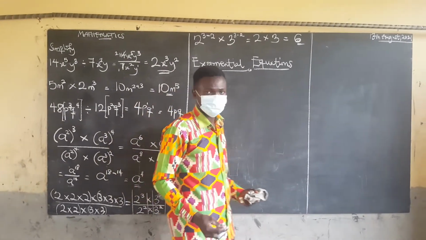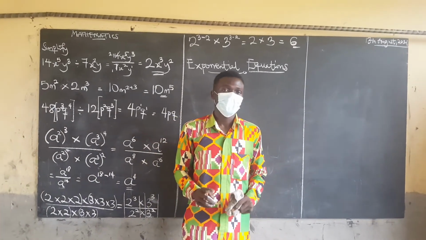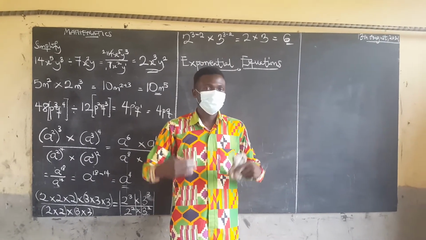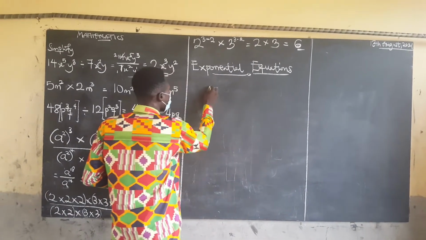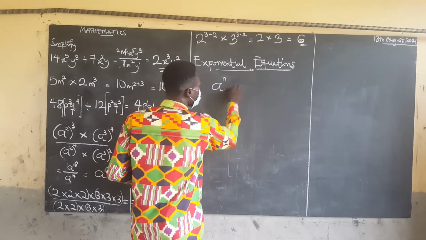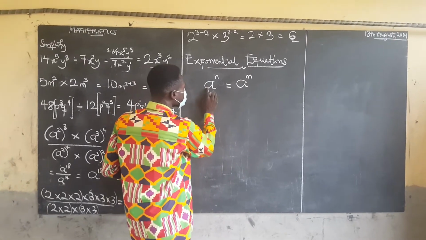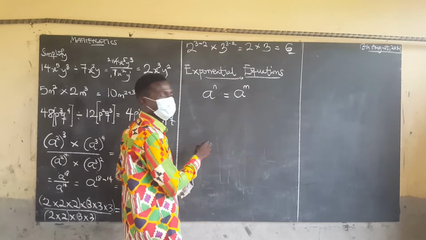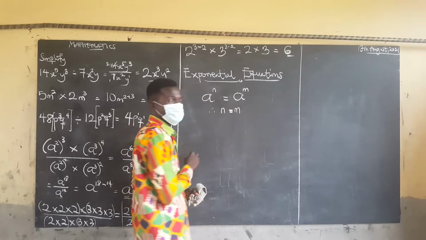Now, under the exponential equation, it says that if you are having the same bases, equate the exponents. Let's say you have a raised to the power m is equal to a raised to the power n. Because the bases are the same, I can equate the powers by saying that, therefore, m is equal to n.